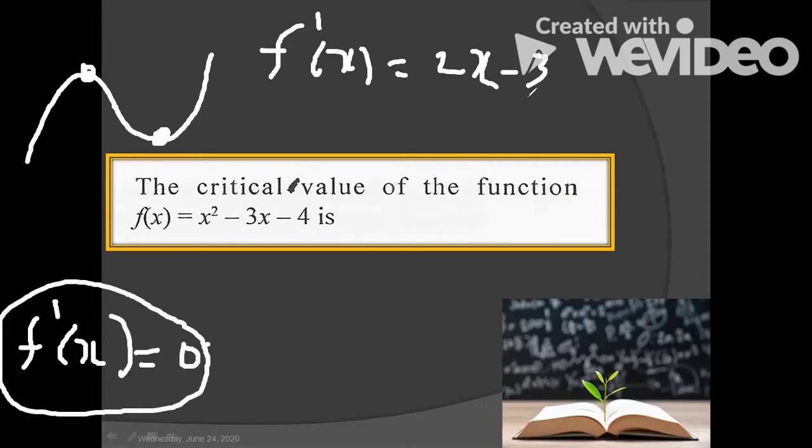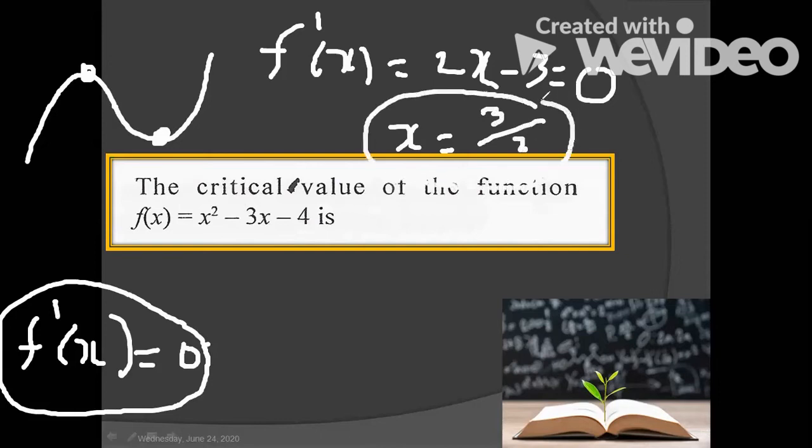So we put this expression equal to 0 and solve for x. Clearly when we bring over negative 3, it becomes positive 3, and we divide everything by 2. So the critical value there is x equals 3 over 2 or 1.5.